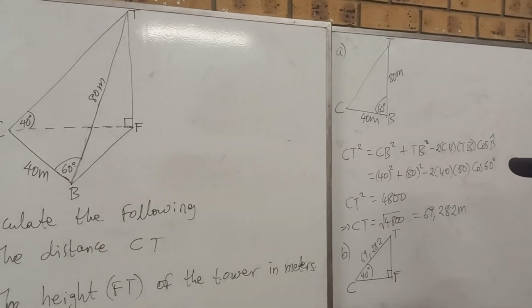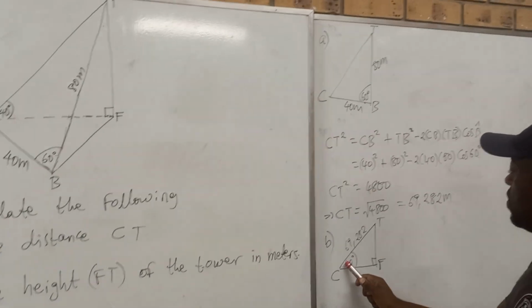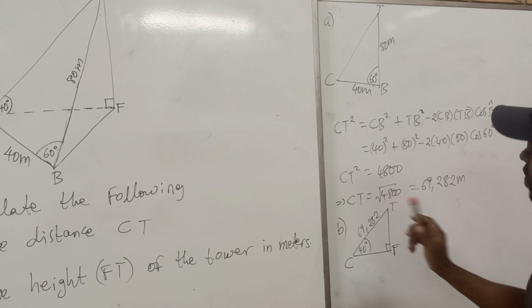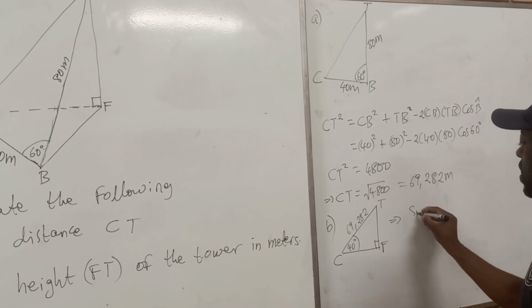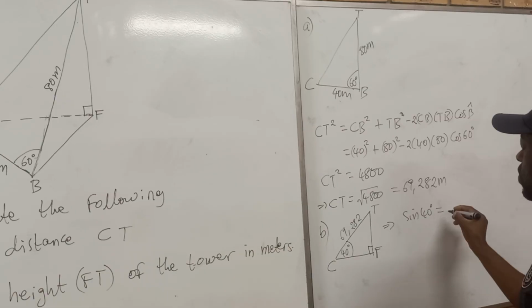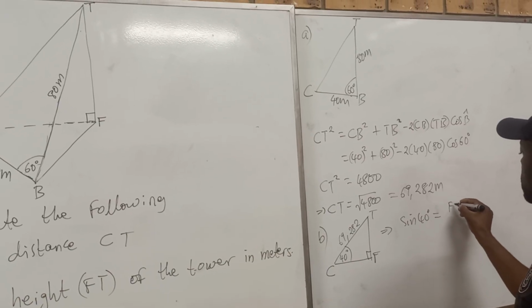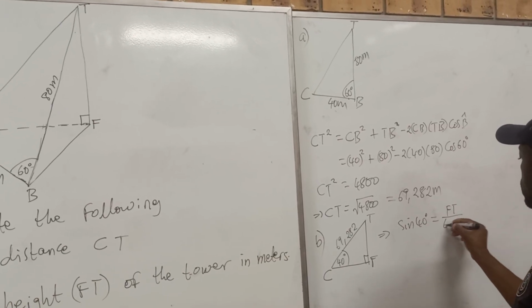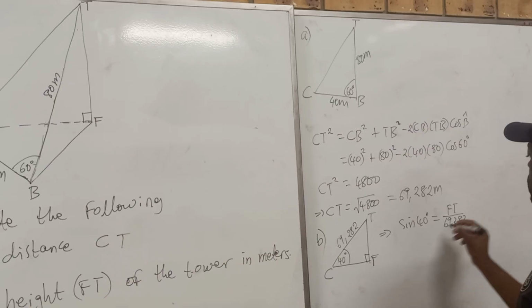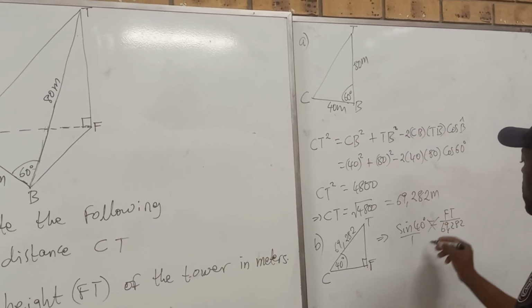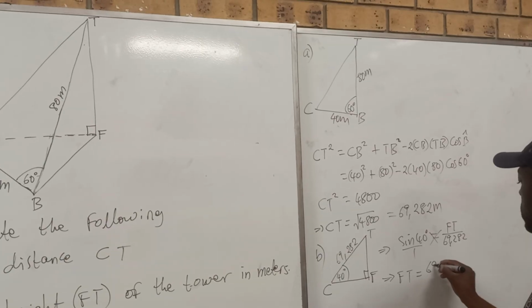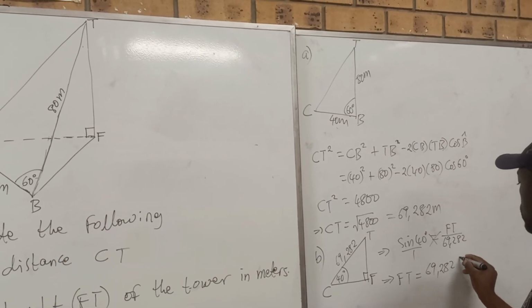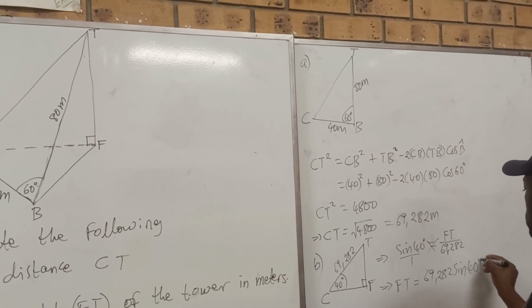So if I'm looking for FT, I can use Socatoa, sine is opposite over hypotenuse. So this will tell me that sine 40 degrees is equal to opposite, that is FT, over hypotenuse, which is 69,282. Then I cross multiply, my FT will be 69,282 sine 40.